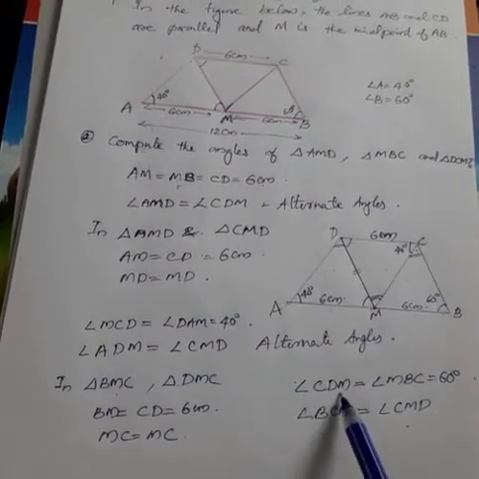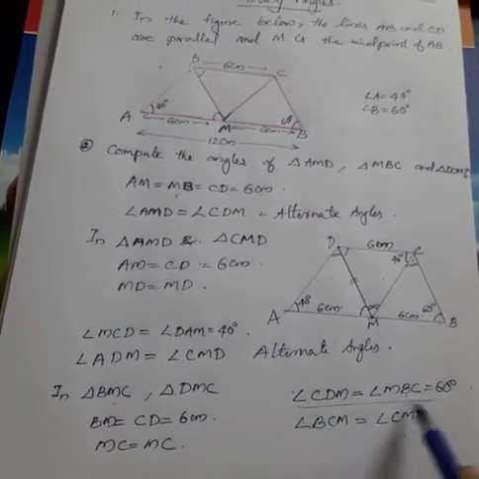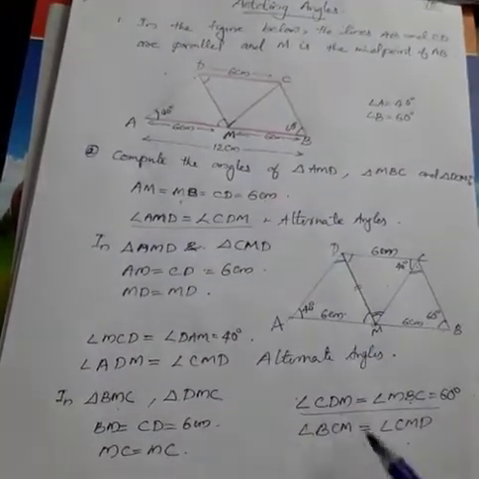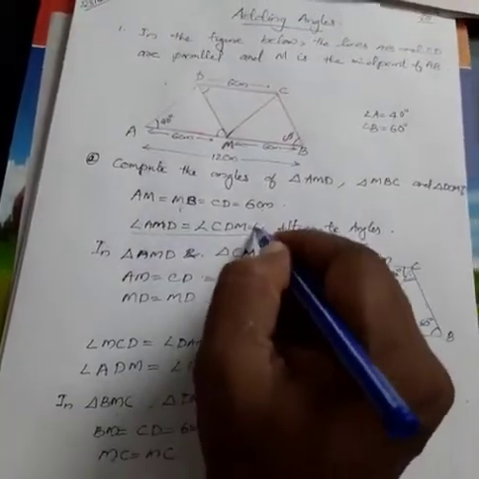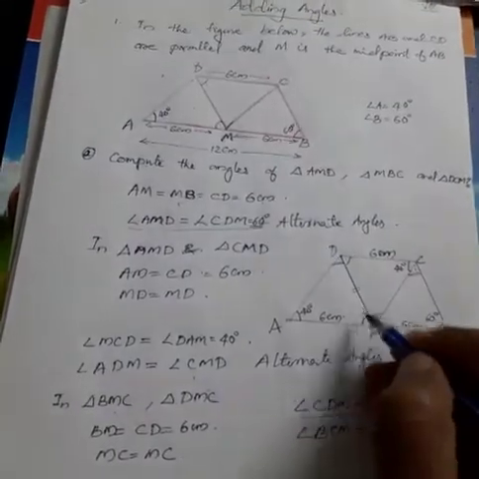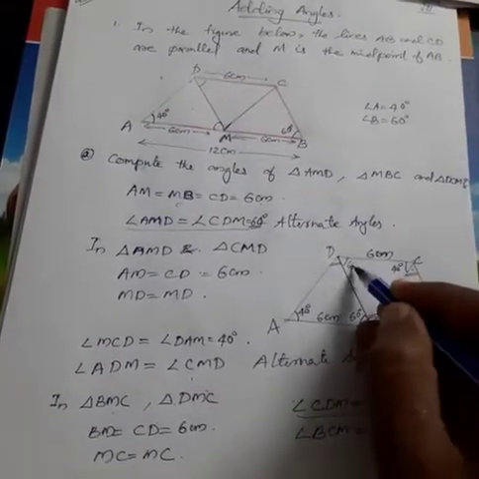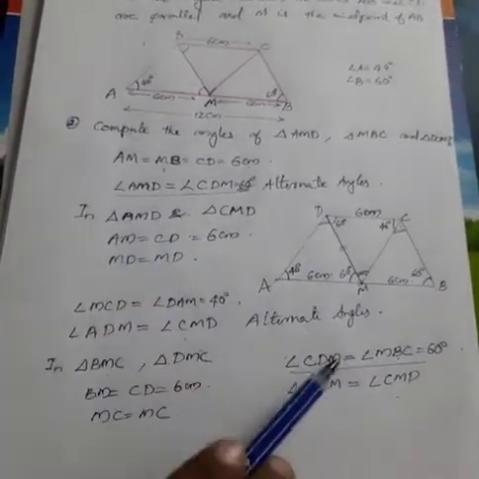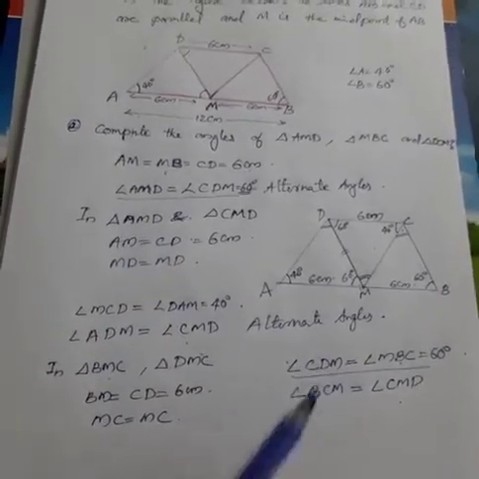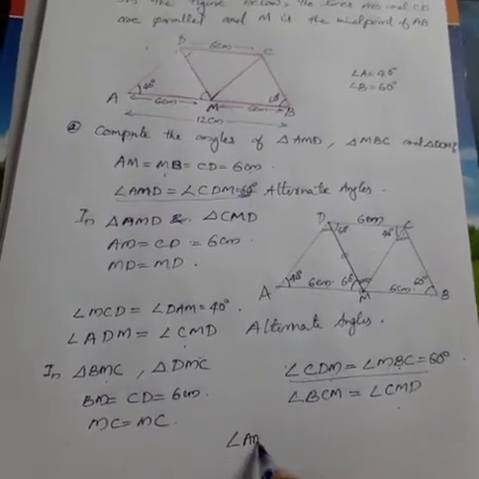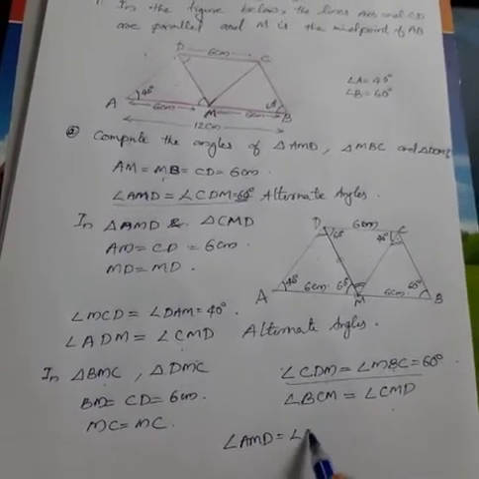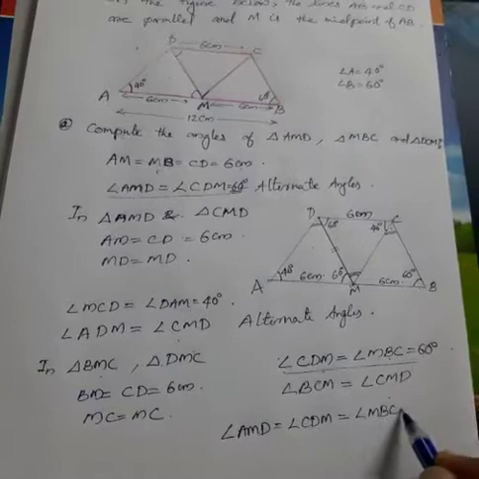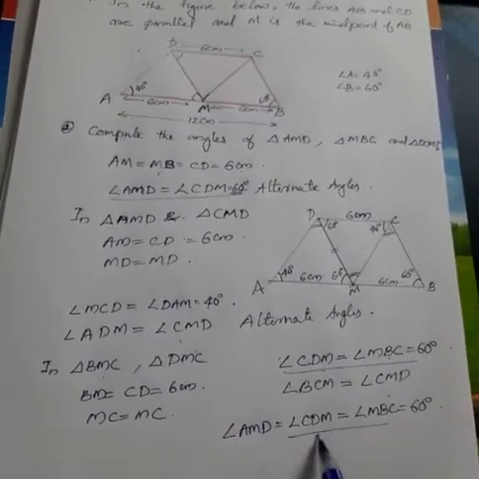We got angle CDM equal to angle MBC is equal to 60. And before we already got angle ADM and CDM are equal. So this is also 60 degrees. So here it is 60, here it is 60, these are also 60. So you can equate these two angles. So angle AMD is equal to angle CDM is equal to angle MBC is equal to 60 degrees.